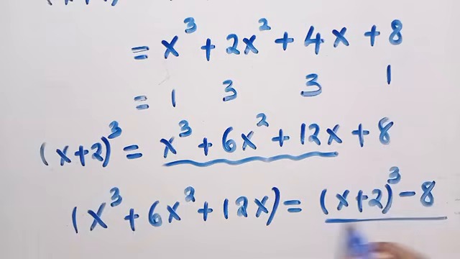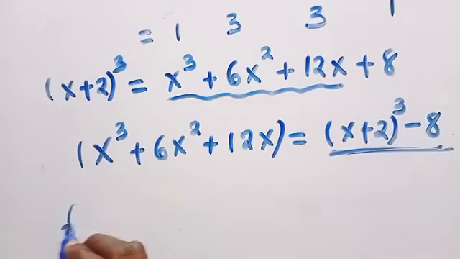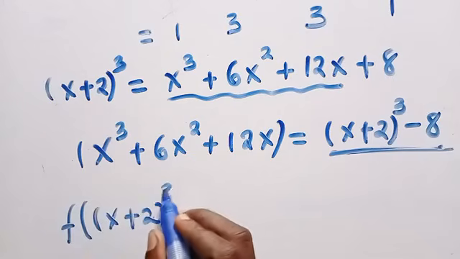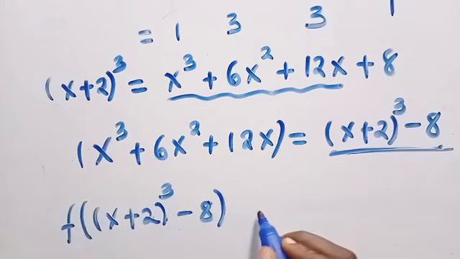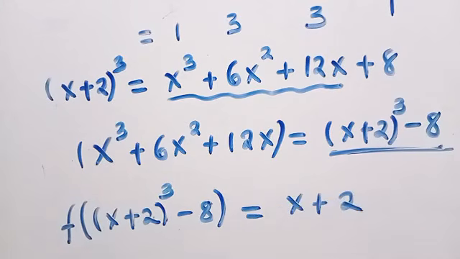We are now going to replace everything with this, as the new function now becomes f of x plus 2 raised to the power 3 minus 8 equals x plus 2.